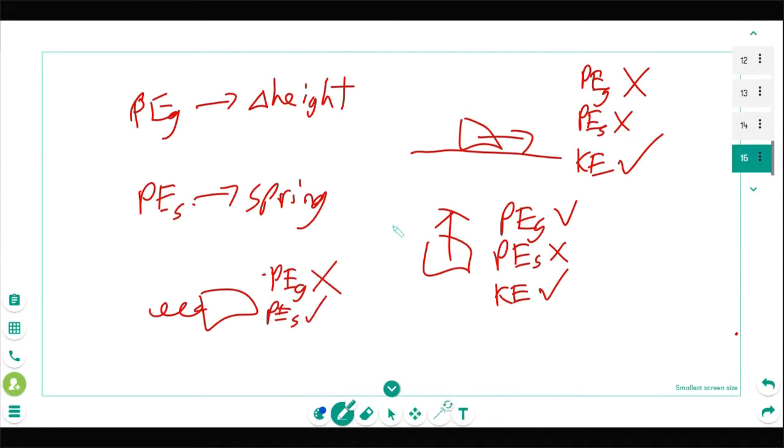PES, yes, because we have a spring. Kinetic energy, yes. And finally, if I make that spring go vertically, now we have all three. Because we're changing height, so PEG. We have a spring, so PES, and we're moving, so we have KE.